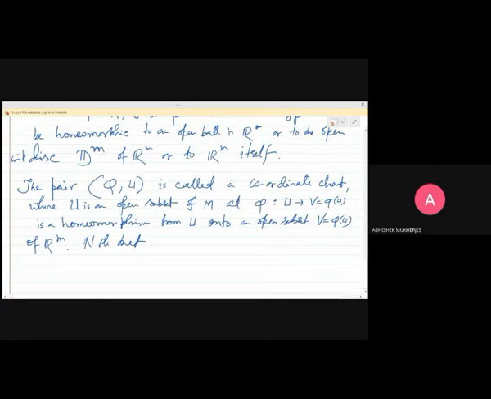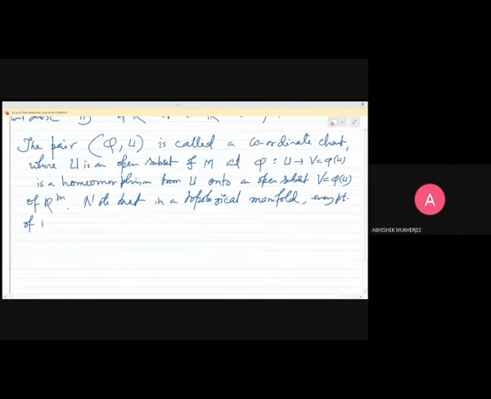That means you have some homeomorphism from U onto V. So that is why you will have a coordinate chart phi U for the point P. So note that in a topological manifold, every point of M must be contained in some coordinate chart. Okay.